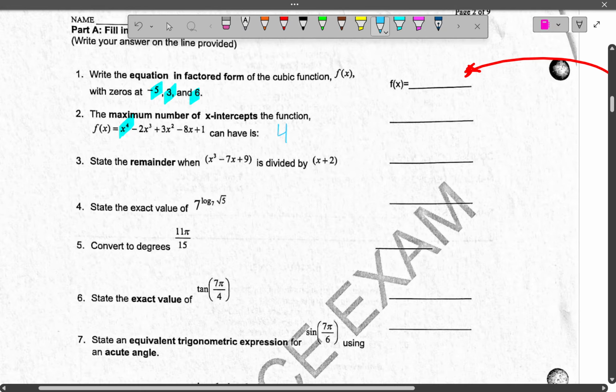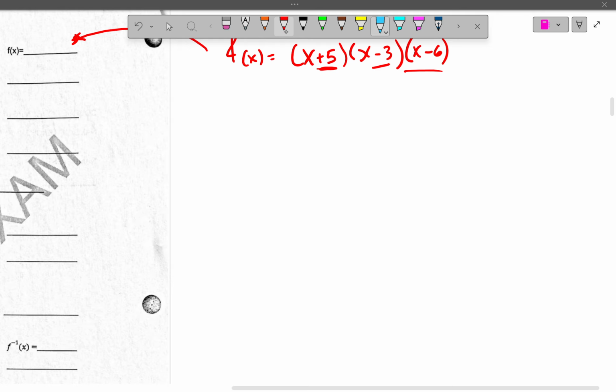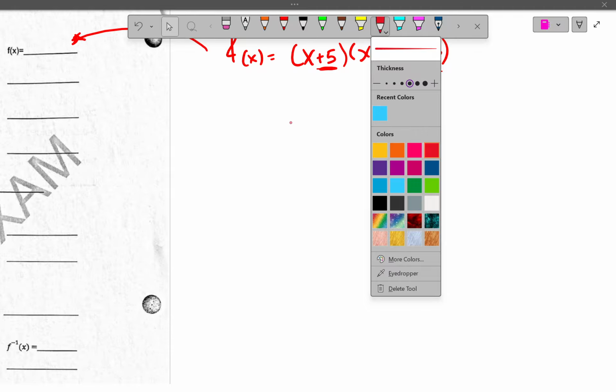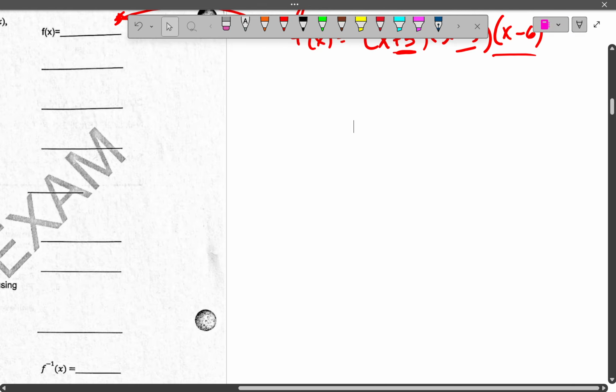Very quickly, to explain why: if you had something that's degree 1, it would look like this.